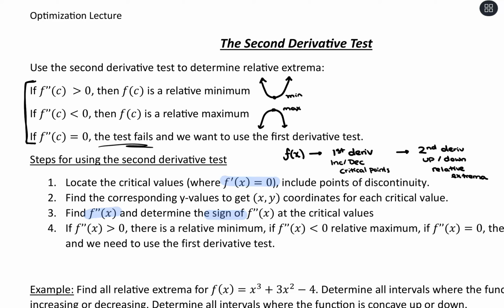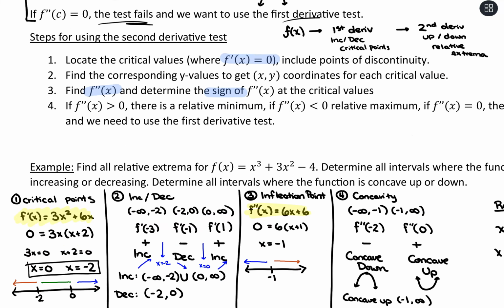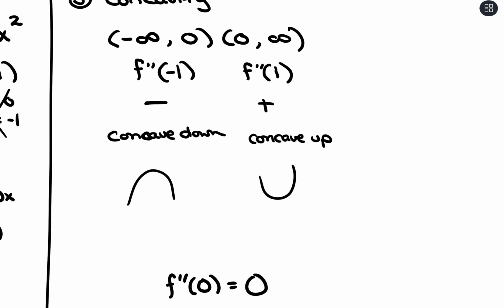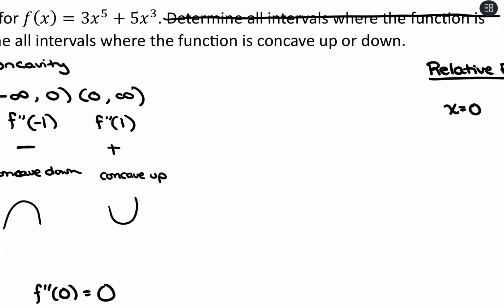This is where the test fails, and we want to go and look at the first derivative test. So even though I tried to bypass it, we got to go look at it. And something that I'm seeing here is at 0, we're switching concavity, so this just might be a true inflection point where our graph is turning. But let's take a quick look at our first derivative test.